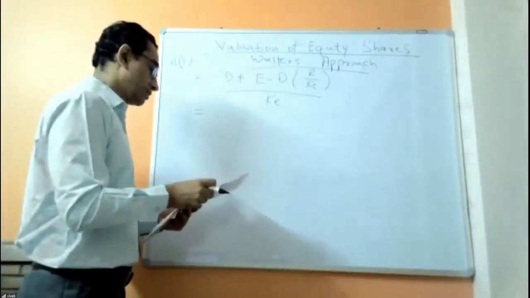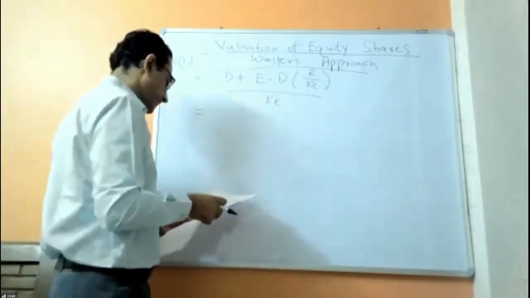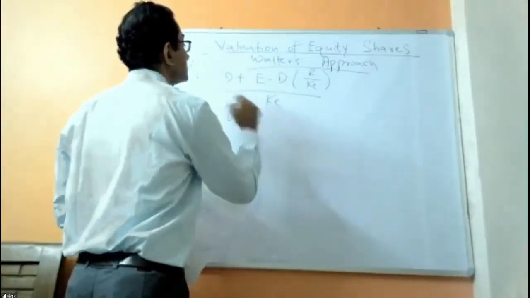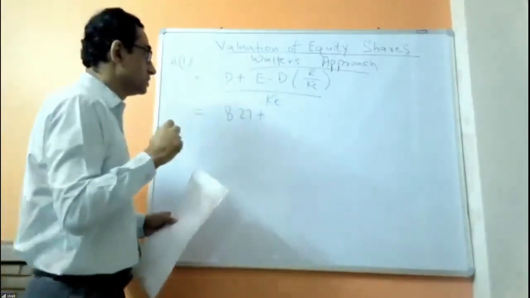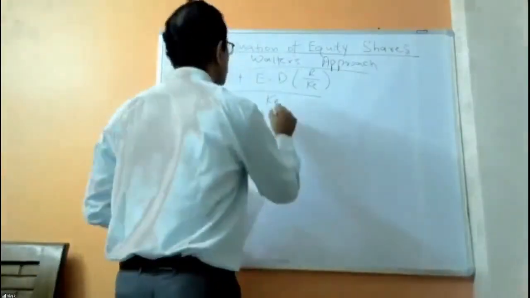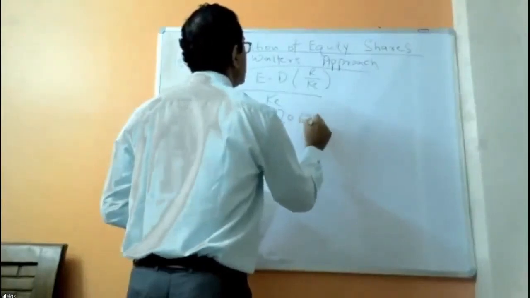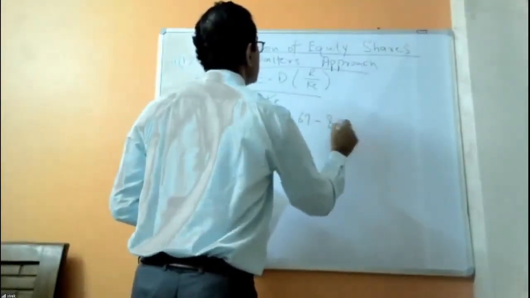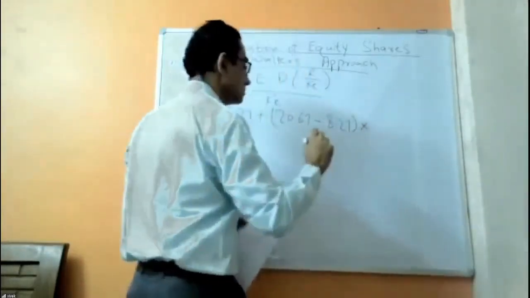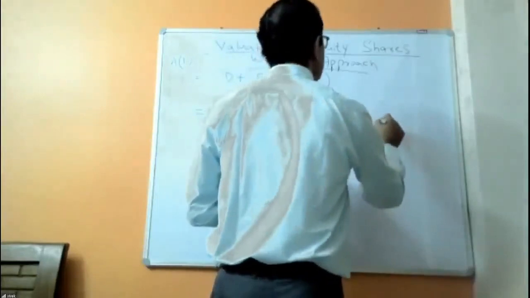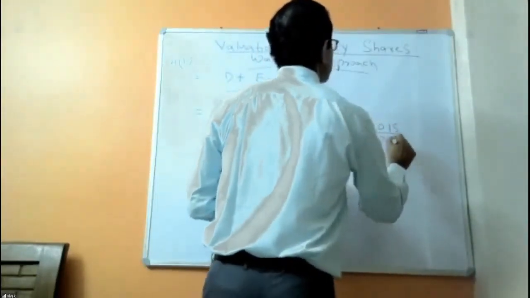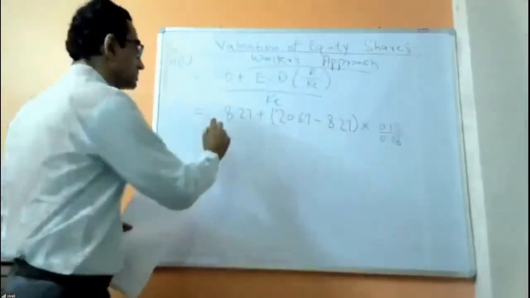D we have calculated, that is the dividend per share, 8.27. 8.27 plus (E minus D). Earning per share was 20.67, we have calculated, minus D, 8.27, and we multiply it by our return on equity, which is given in the question, 0.15 divided by 0.18, 15%, and K is 18%.